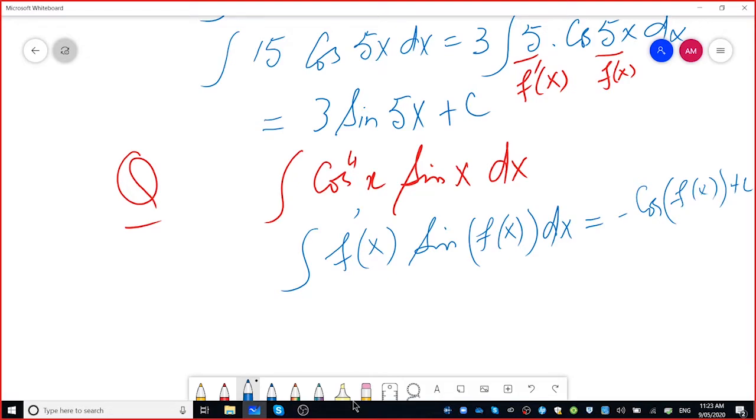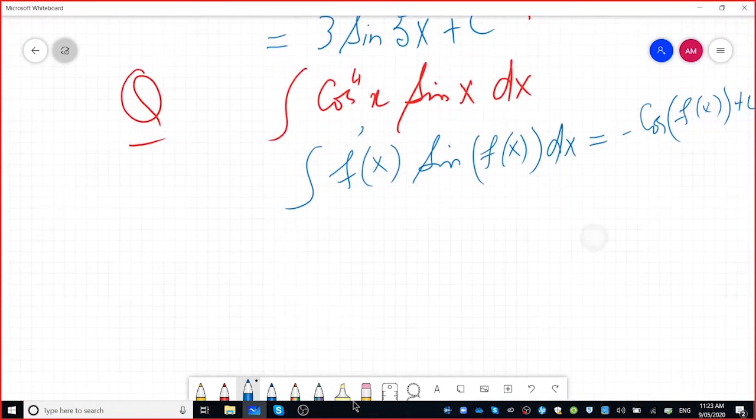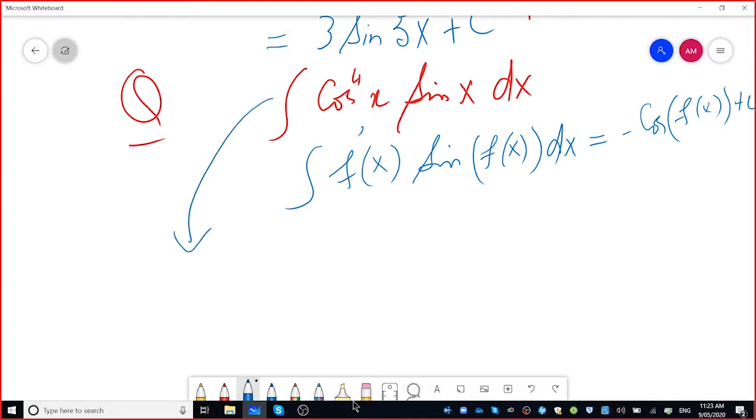Let's look at here, and I do it first in some easier way and then come to this question. Let u be equal to cos x. What would be u bar? u bar would be negative sine x.